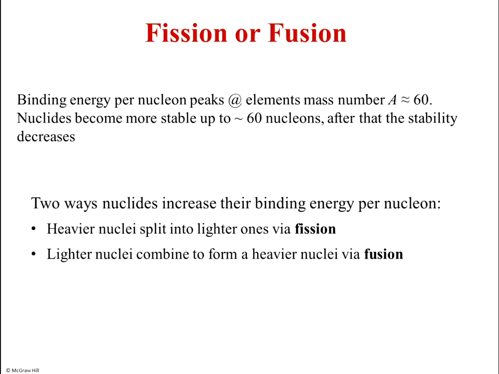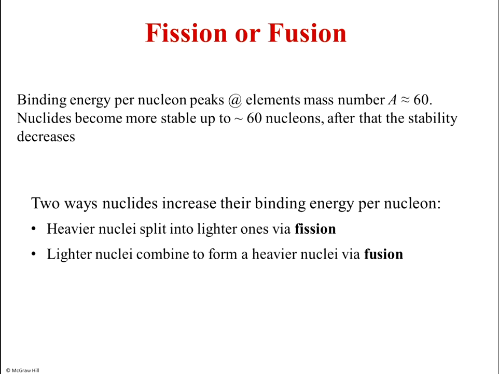Binding energy per nucleon peaks at elements with mass numbers near 60. That is, near iron, nickel, and cobalt. Nuclides become more stable up to approximately 60 nucleons. After that, the stability tends to decrease.